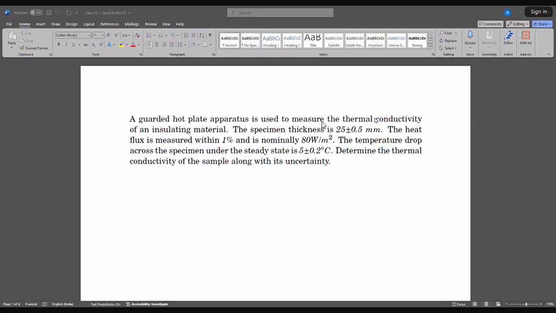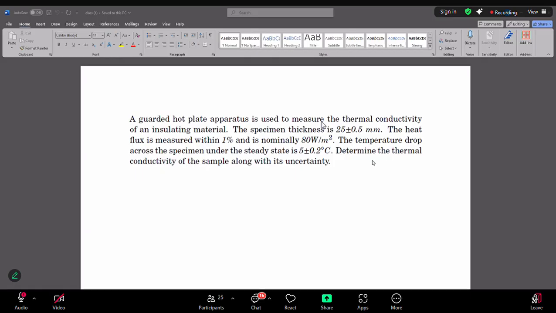That I had missed out, and I would try to solve one or two questions tomorrow. So today we talk about questions related to different methods that we came across while we studied thermal conductivity measurement.